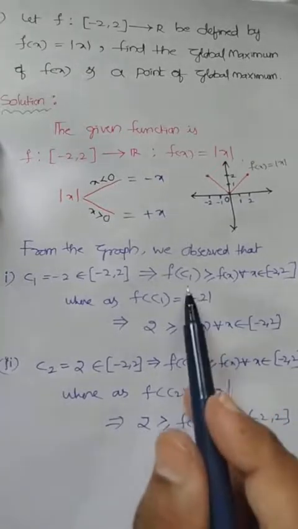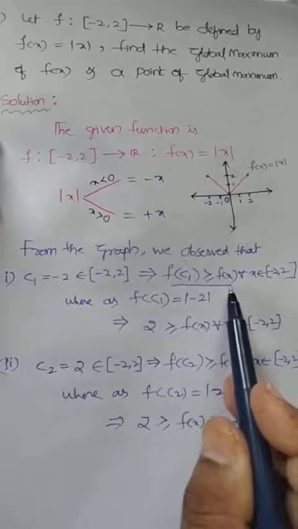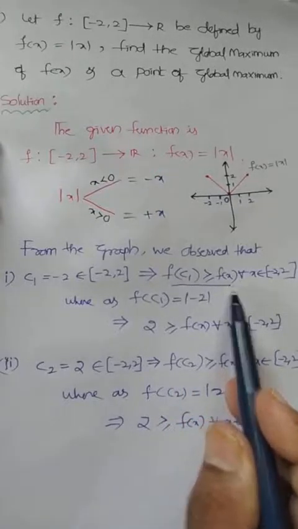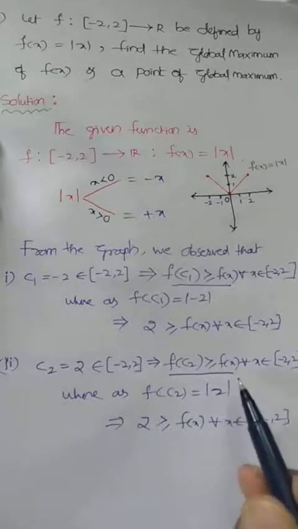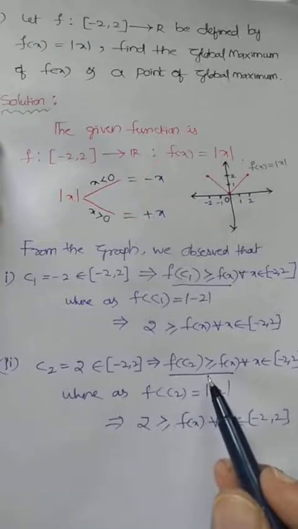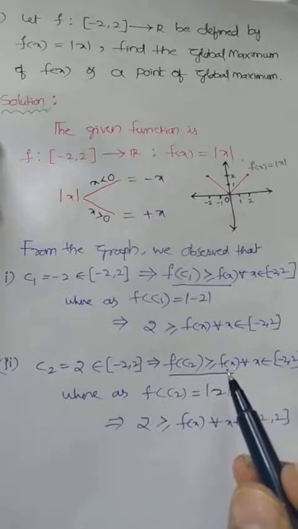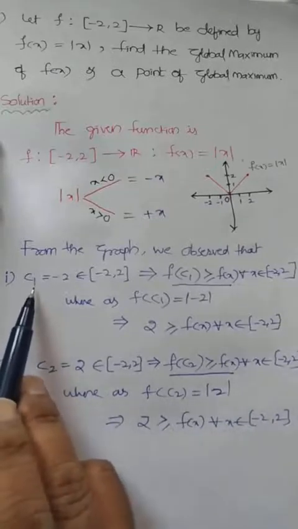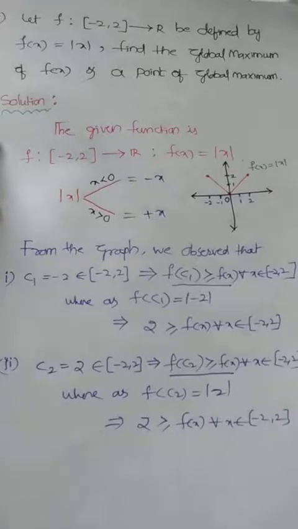So this is the condition for having a global maximum value. Therefore the function has the global maximum value where c1 is equal to minus 2 and c2 is equal to 2.